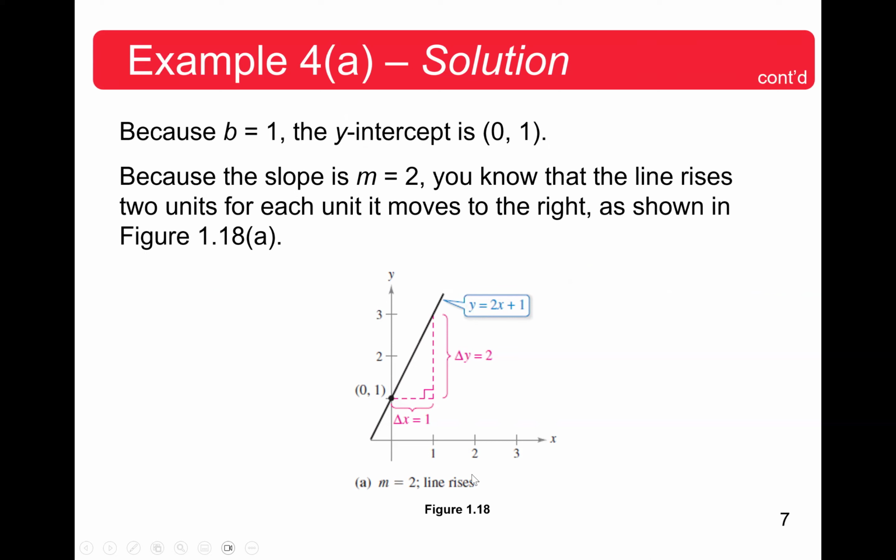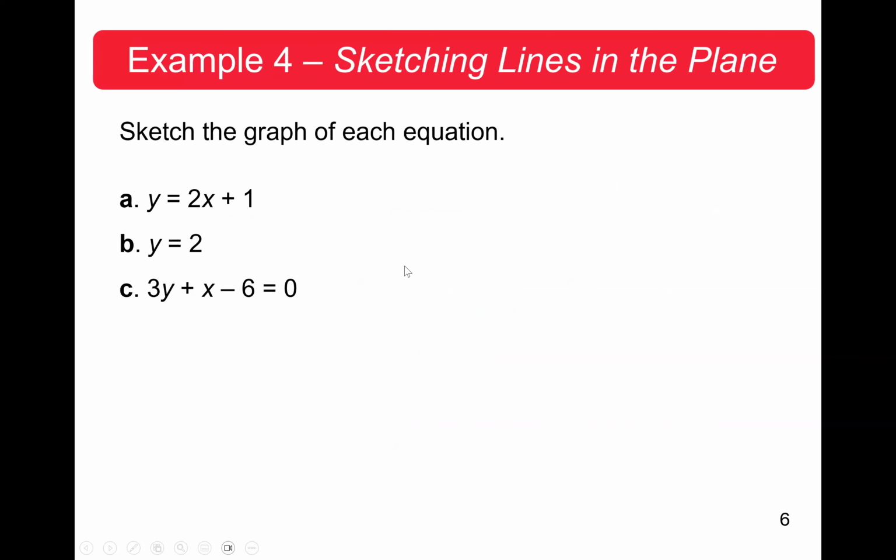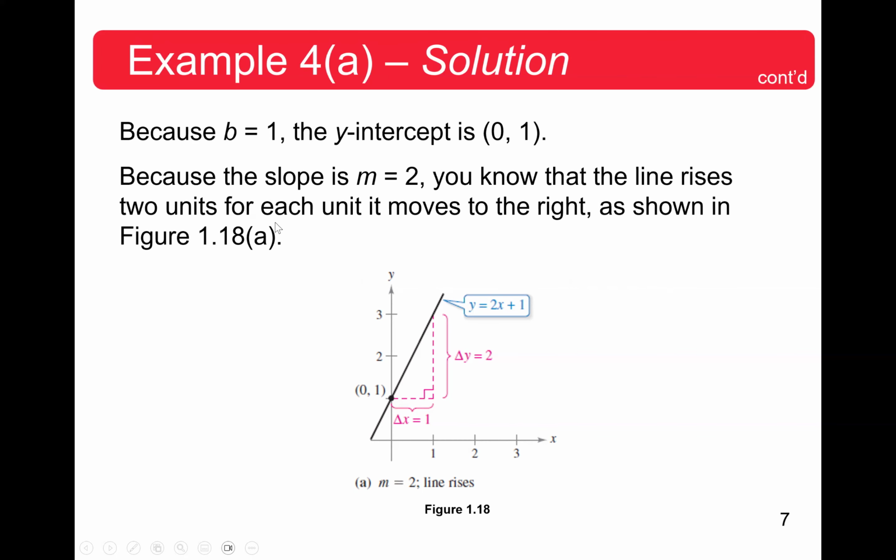Solving this problem is straightforward because the equation is given as y equal to 2x plus 1. So we know the value of the slope and the value of the y-intercept. The y-intercept is 1, so when x is 0, y is 1. That's our point here.